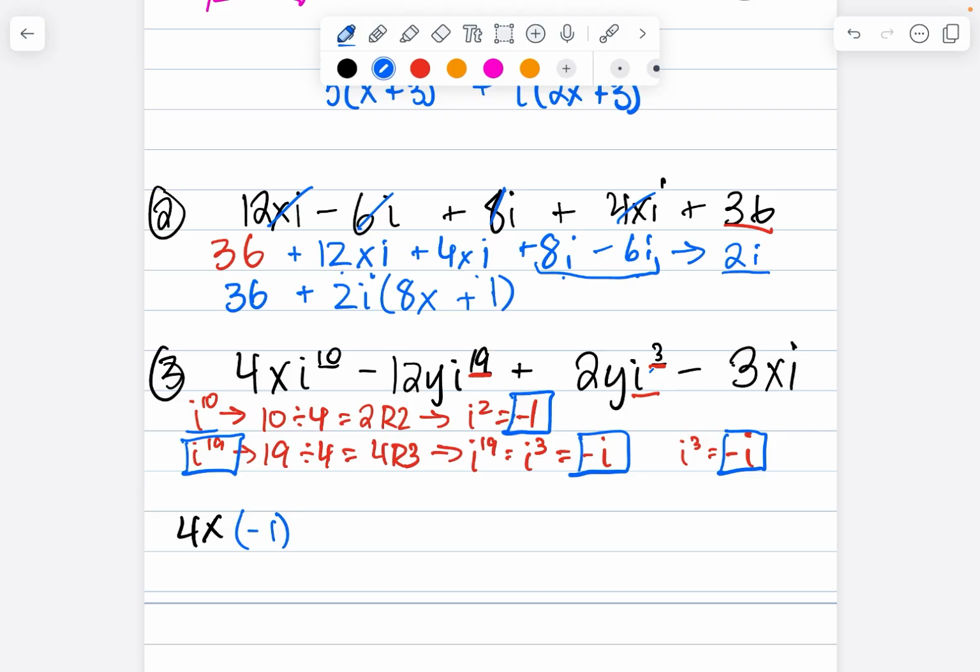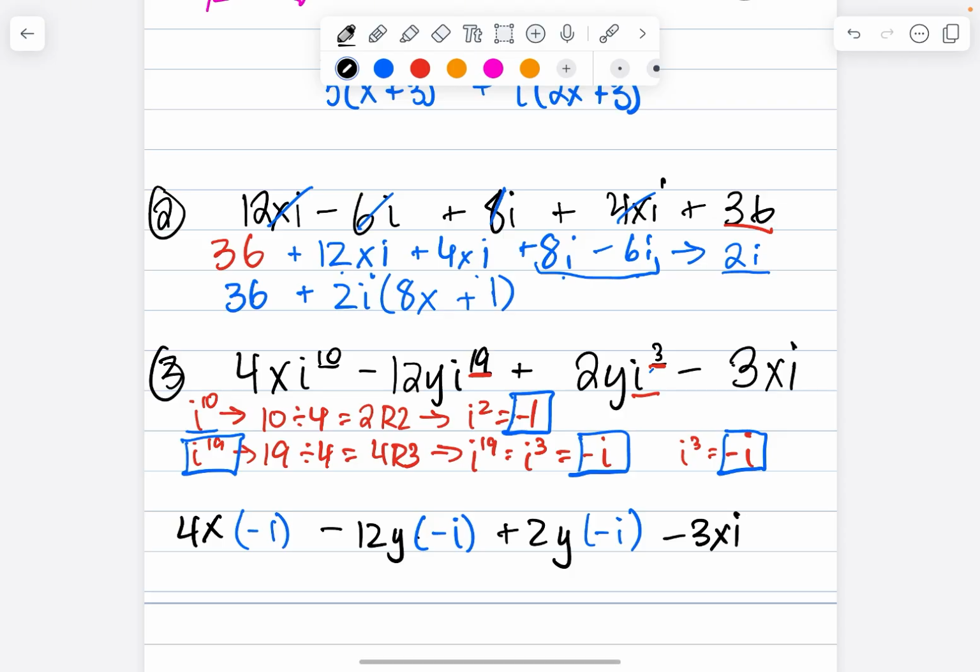Negative 1 minus 12y. Now I'm not going to put i to the 19. I'm going to put in negative i. Then I'm going to do plus 2y, not i to the 3. Again, i to the 3 is the same thing as negative i, so I'm just going to do negative i. Minus 3xi.